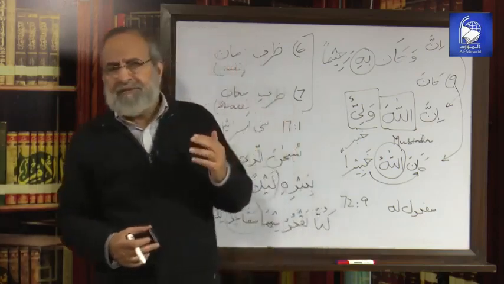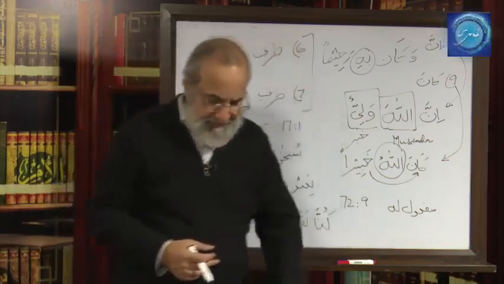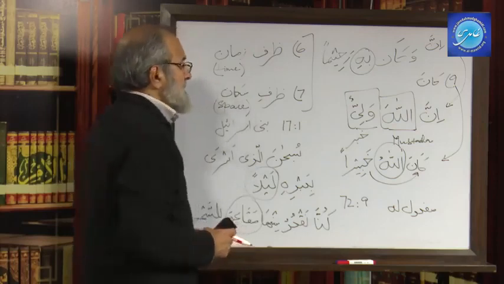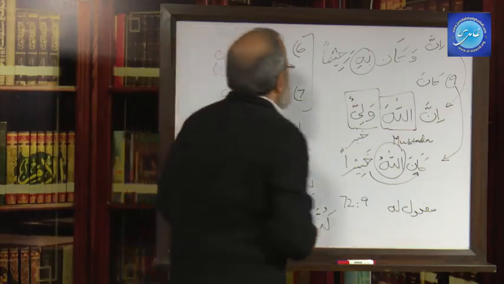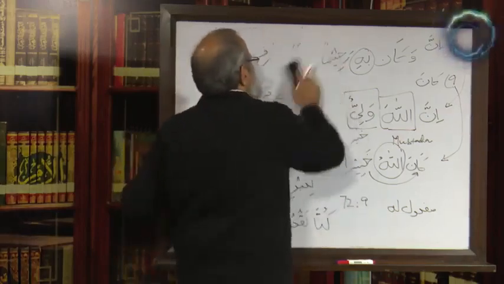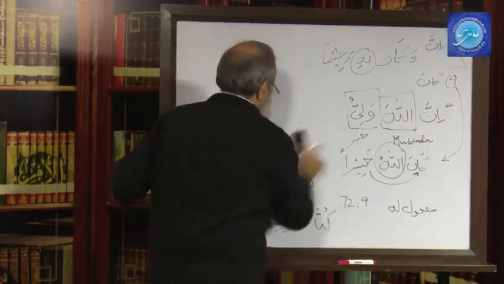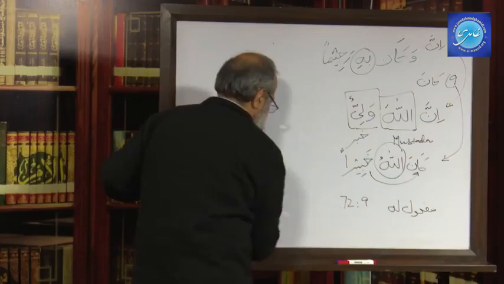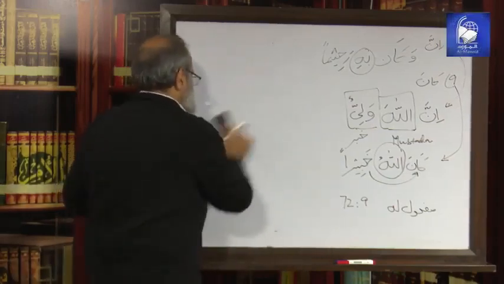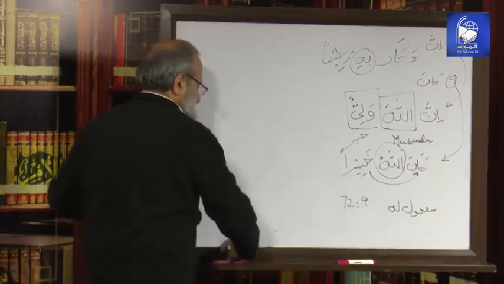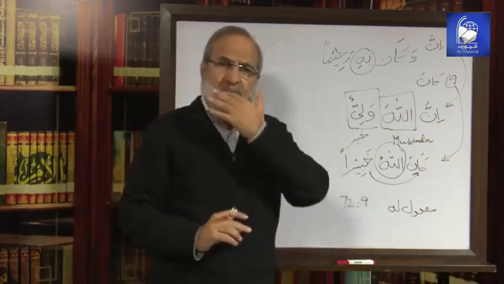We have done zarf makan, zarf zaman, and now we've also done the mubtada of inna and the khabar of kana. So there are 2 more that I have promised, which if we do, we will be done with the examples and possibilities of nouns taking the form of nasab as a category.